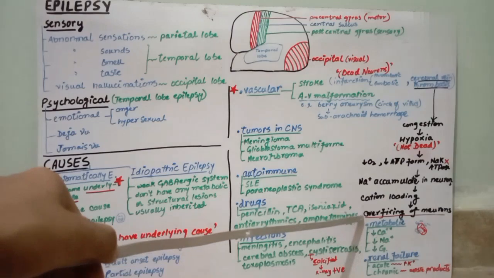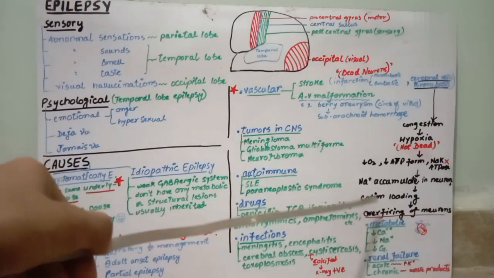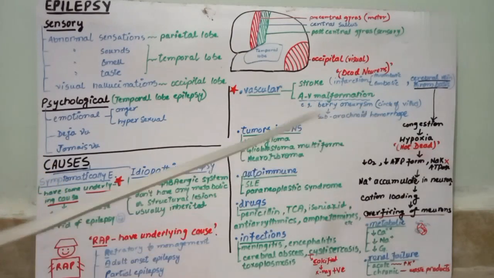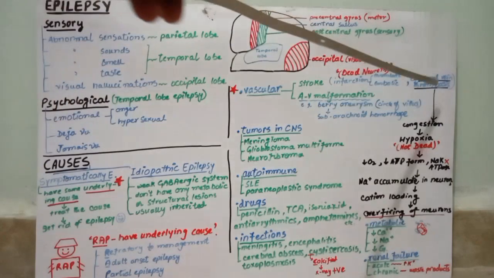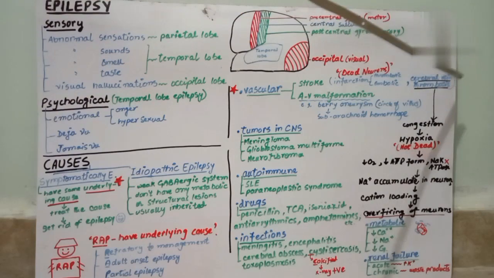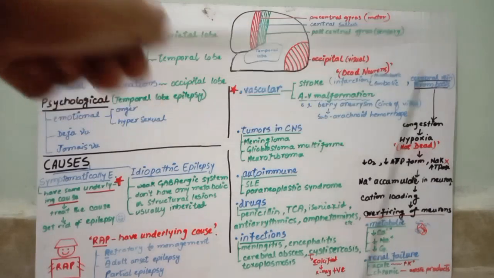So overfiring of the neuron will occur due to the sodium accumulation, and overfiring will lead to seizure attacks. So that's how this pathway, ischemia, has more chances to lead to epileptic attacks as compared to infarction, because of the dead and non-dead neurons.